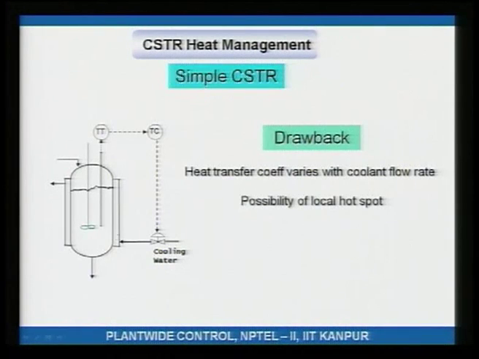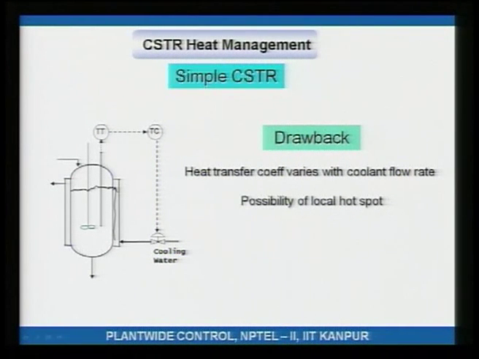At low flow rates there will be a significant rise in temperature of the cooling water as it moves from the inlet to the outlet. As the water moves from here to here, temperature will rise. Okay. So, the reactor will not see a constant temperature jacket. Secondly, at low flow rates the heat transfer coefficient would be low.